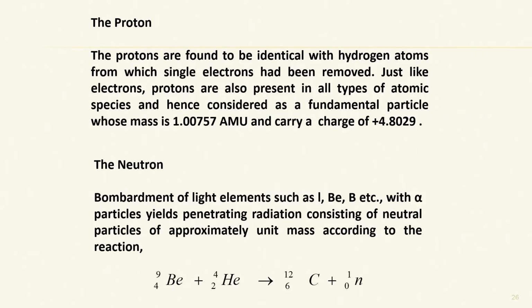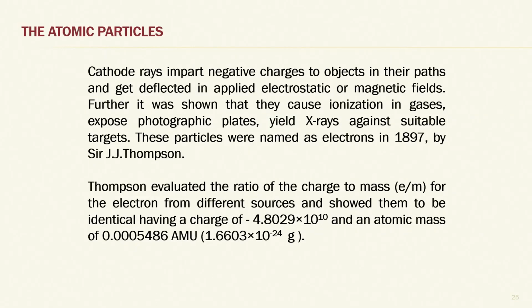So, the proton and neutron differ from each other only by the charge that is present. Neutron has no charge and proton has 1 charge, 1 atomic mass unit, 1 charge. So, by convention, the charge of the proton is 1, the charge of the electron is -1, the charge of the neutron is 0. So, we continue our discussion.